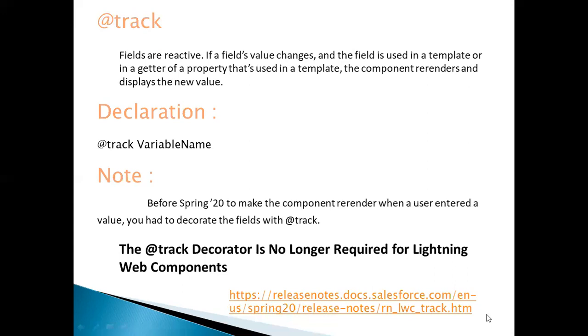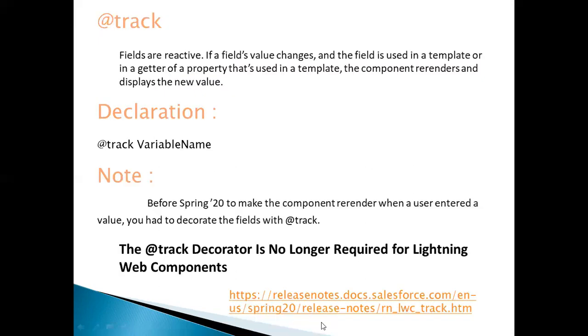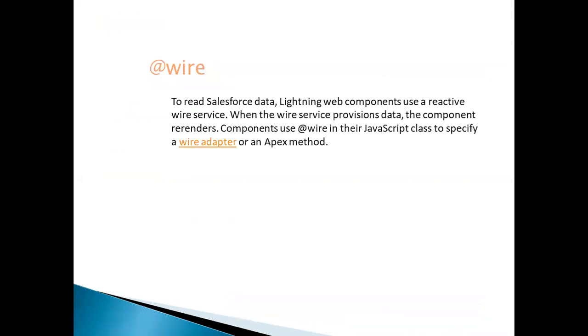Here you can find where to use @track and what use cases still exist. So right now, for a variable, whether you define it with @track or not, it is the same thing. We will see this again with an example, so it will be clearer.